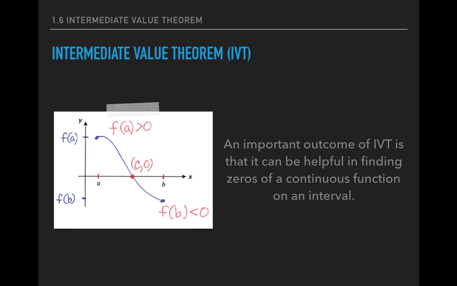This is really a great theorem to use if you're trying to find zeros of a continuous function in an interval. So if at your A value the output is positive, but at your B value it's negative, then there's got to be a C value that is 0 somewhere between there.